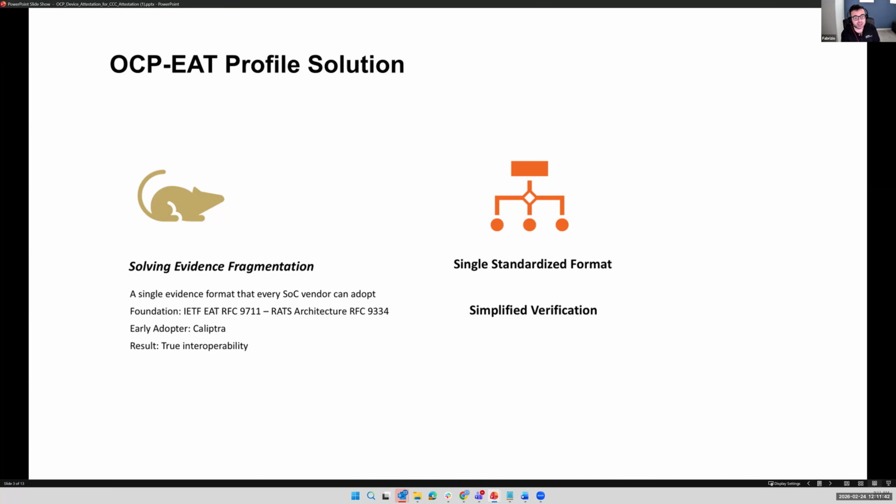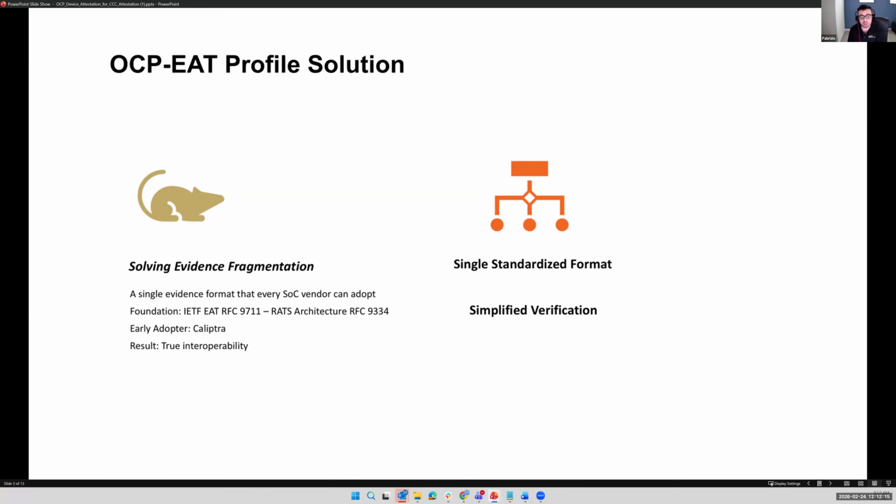So going back here, the solution we started approaching was using EAT. At the time we were exploring possible solutions, it was just on the verge of becoming an RFC, sometime last year around this time. We wanted to find a common standard for attestation token, and it was the standard promoted by IETF RATS.